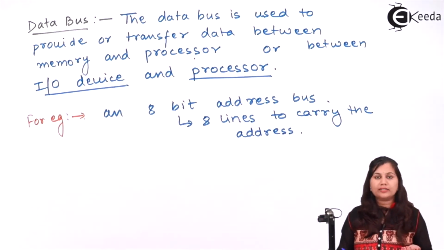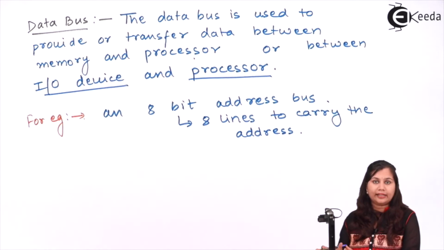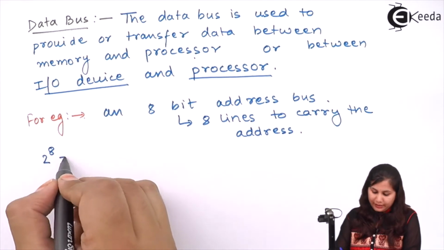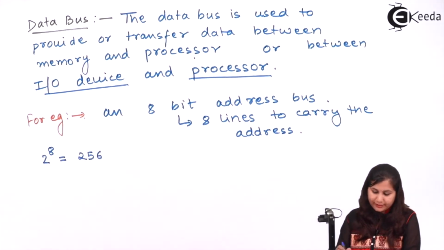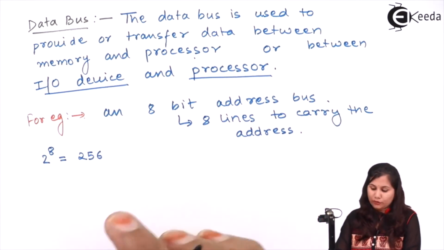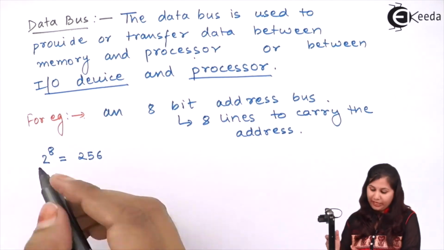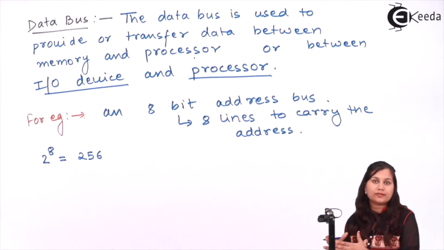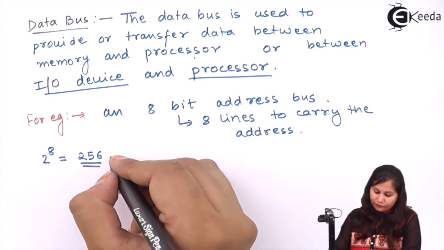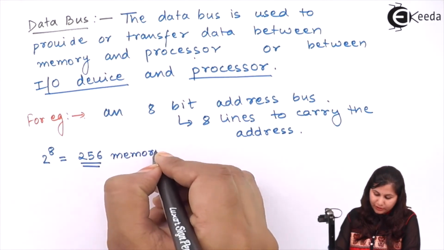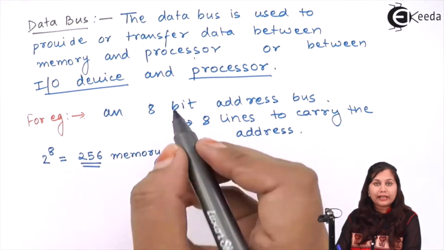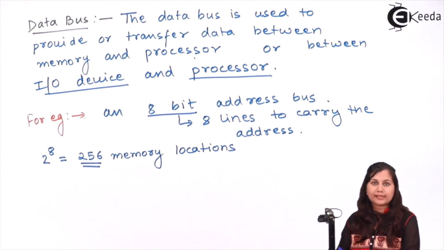To check the range it can address, we have 2 raised to the power 8, which is equal to 256 combinations of those 8 bits. So we have 256 memory locations that can be addressed using this 8-bit address bus.